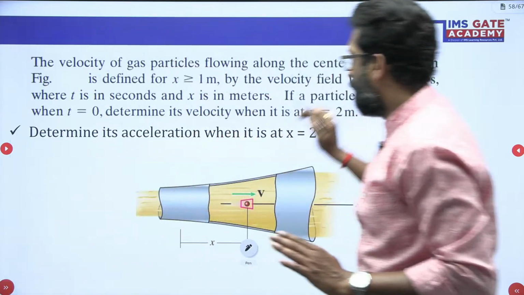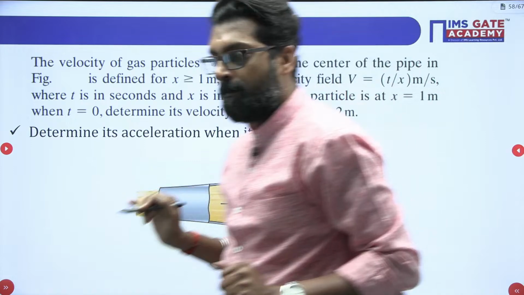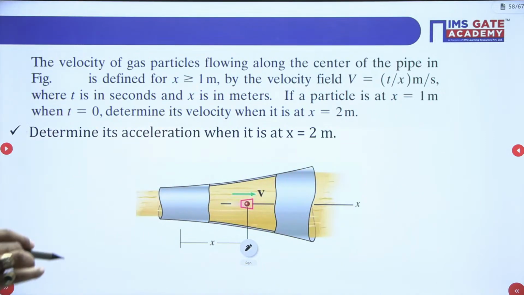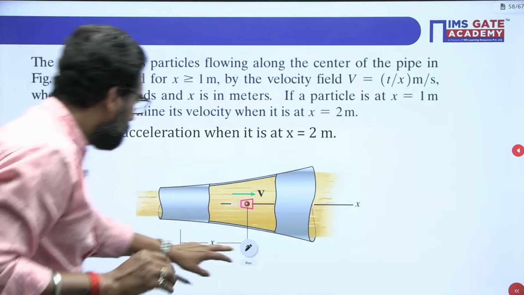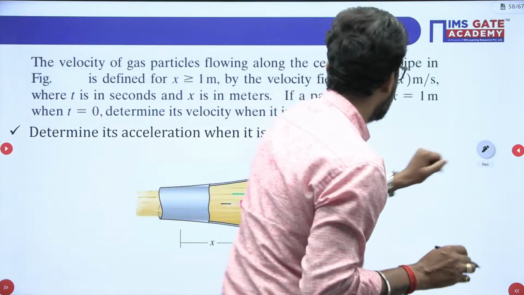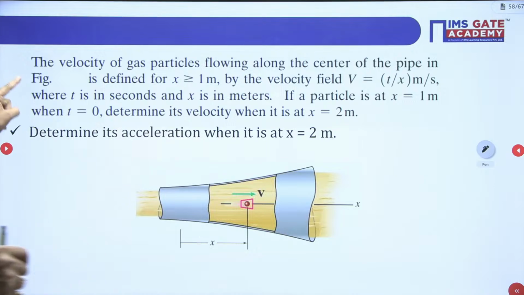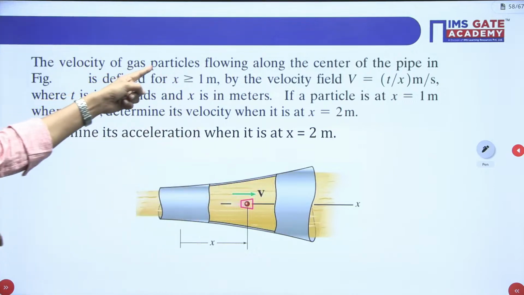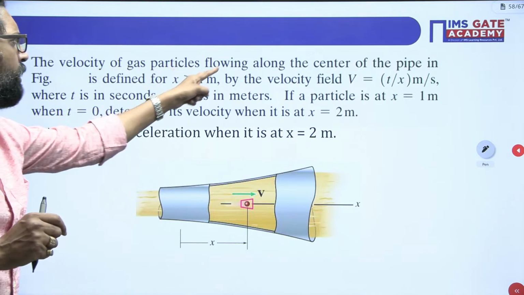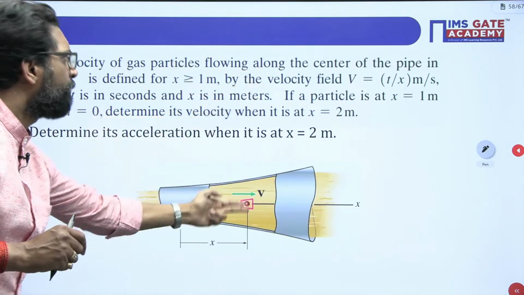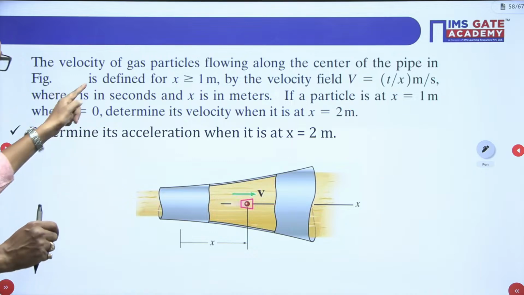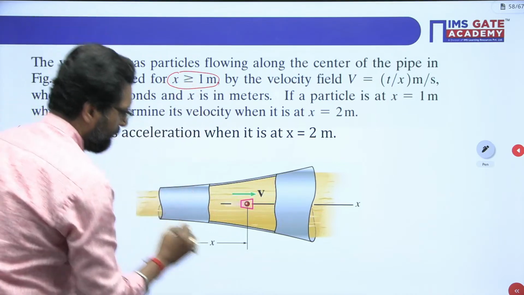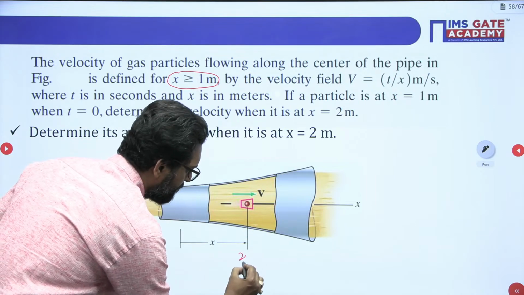Now this is one question, a very beautiful question. Please try to solve this question. The velocity of a gas particle flowing along the center of a pipe, in the figure, is defined for x greater than or equal to 1 meter.